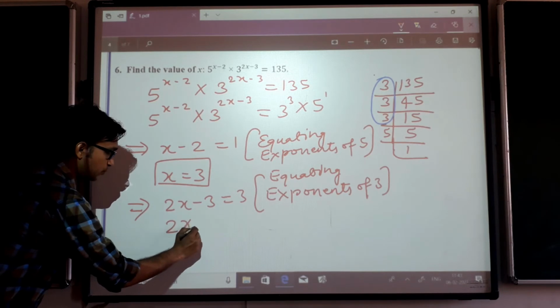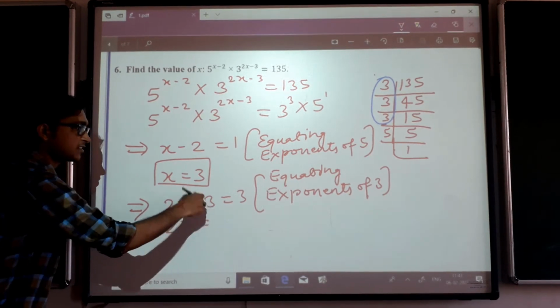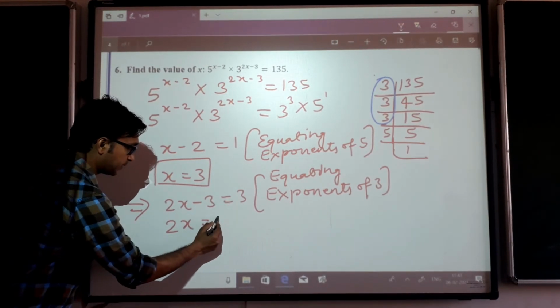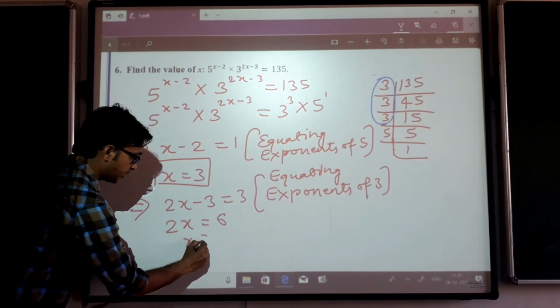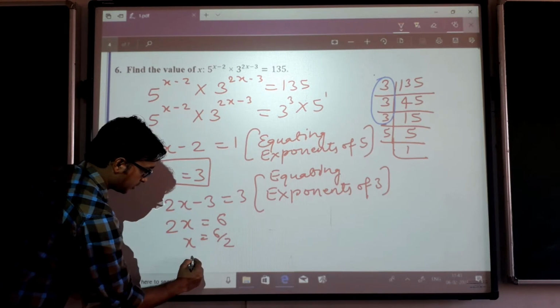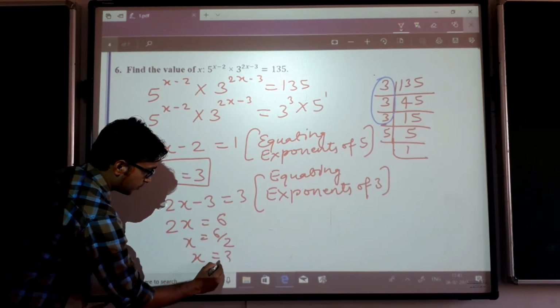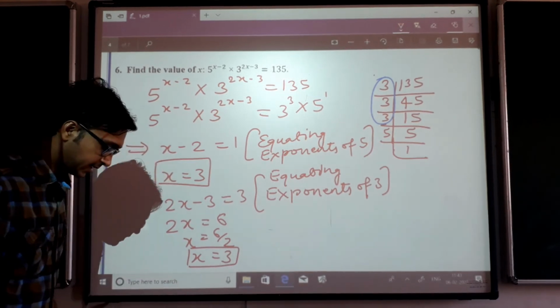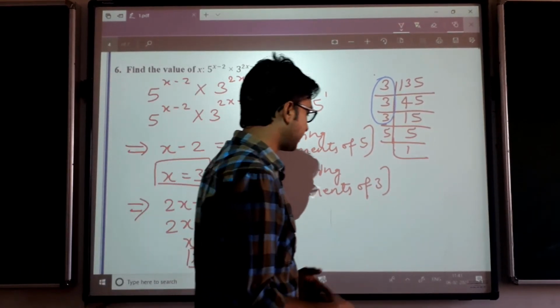So we can write here 2x equals to, shift this minus 3 to right hand side, then it will be positive, then 3 plus 3 becomes a 6. So x equals to 6 upon 2. So x equals to 3. So x equals to 3 is the answer in both the cases. So finally the value of x is 3.